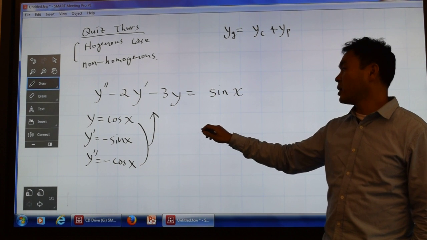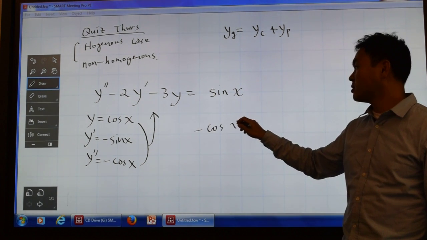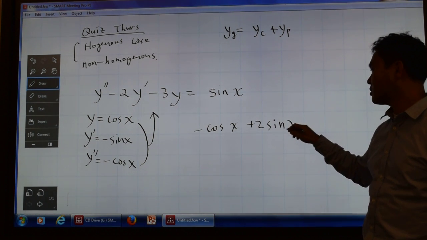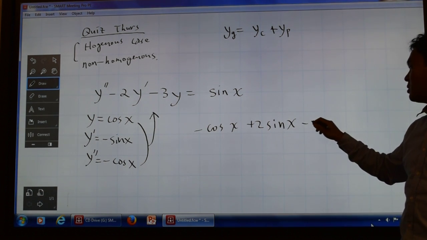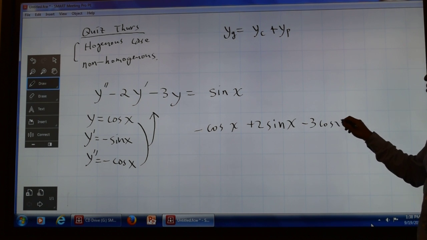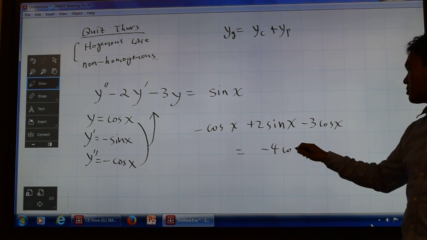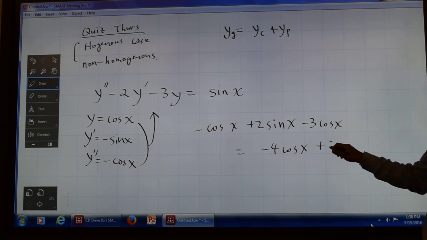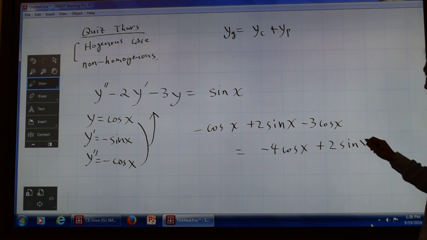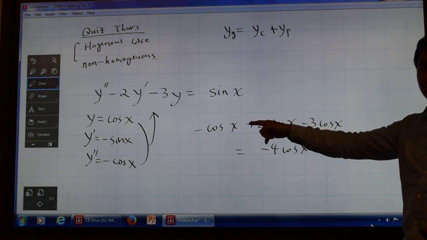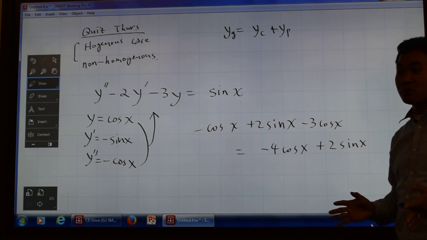We get negative cosine x plus 2 sine x, and then minus 3 cosine x, so that you get negative 4 cosine x plus 2 sine x. Of course, it was just a shot in the dark, so of course this didn't match the right side. So is this a solution or not? Y equal to cosine x. It's not a solution yet.